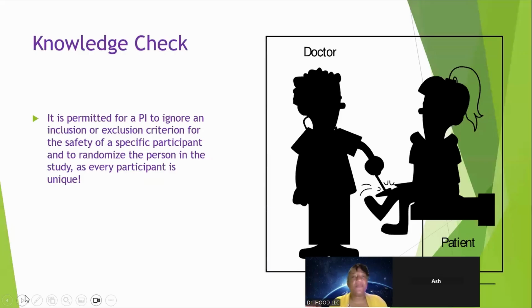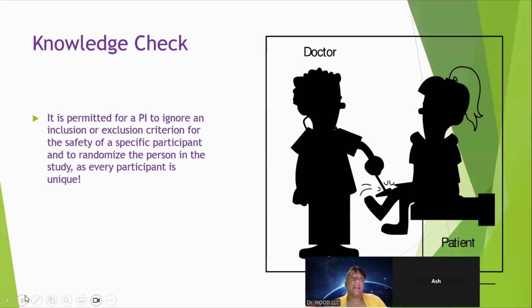Correctamundo. So it is not allowed. Now, they can make the decision that it's unsafe for the patient to be randomized and just decide, I'm not going to put this person in, even though it might not necessarily be an exclusion criterion for the protocol, but based on their other medical issues or transportation issues, they can say, this person won't be able to do this trial.